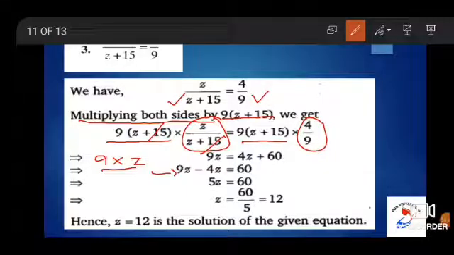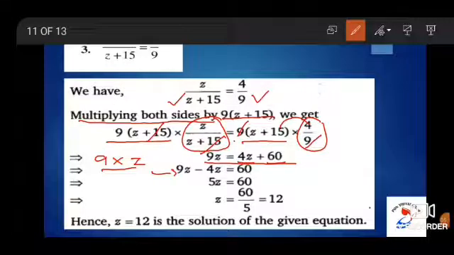So 9z is equal to, here again, 9 into (z plus 15) into 4 by 9. So here also what you can do is cancel this 9 and this 9. So the result will be 4 multiplied by z, that is 4z, and 15 multiplied by 4, that is 60. So it is 9z is equal to 4z plus 60.